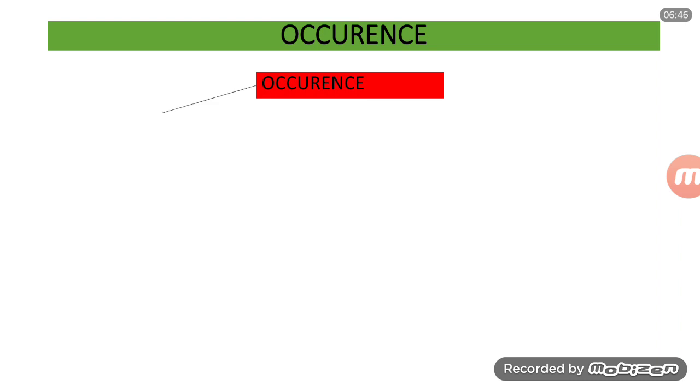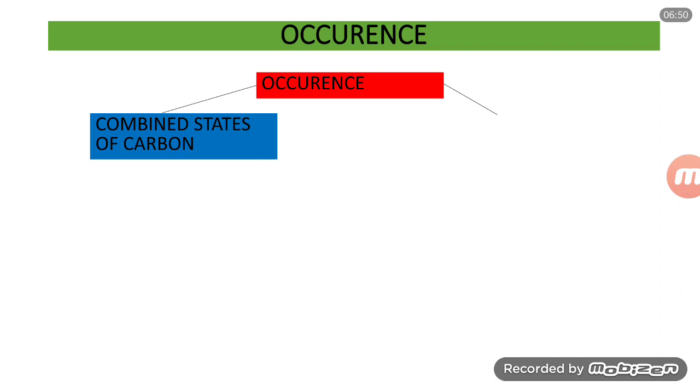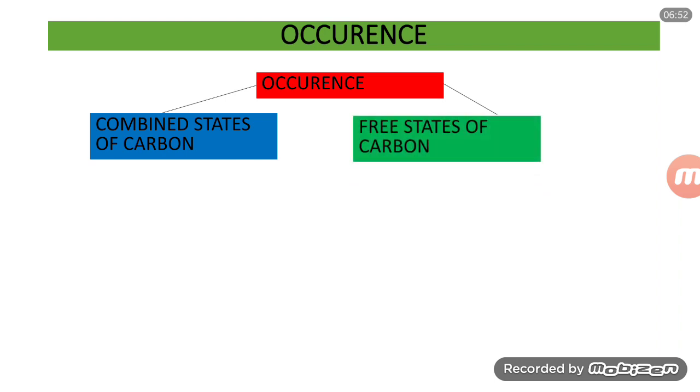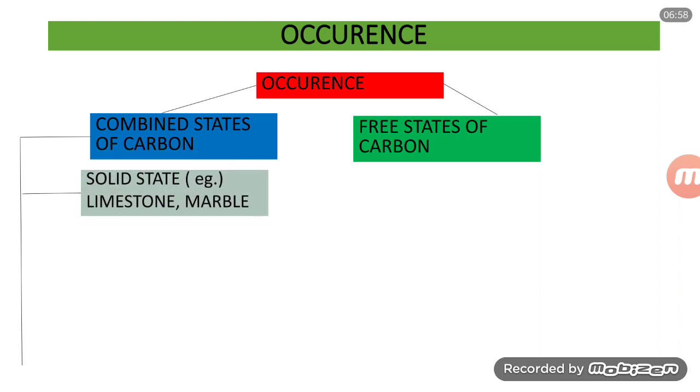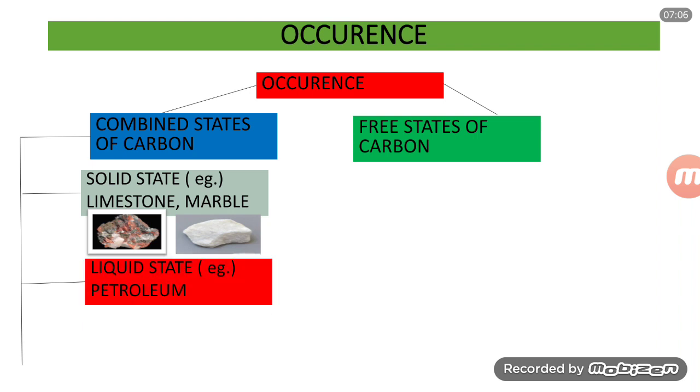So in nature, carbon can exist in combined state and it can also exist in free state. In combined state, it may be in the form of a solid, for example limestone and marble. It can also exist in liquid state, for example petroleum.